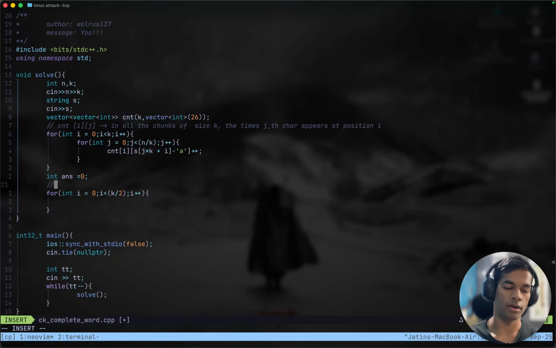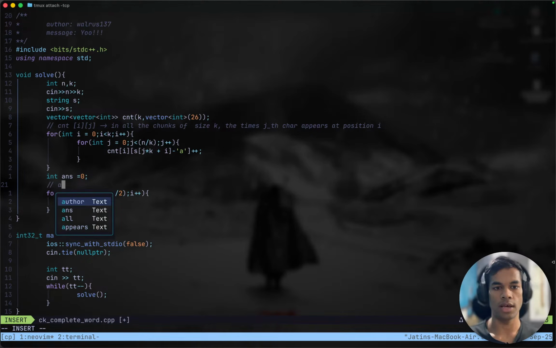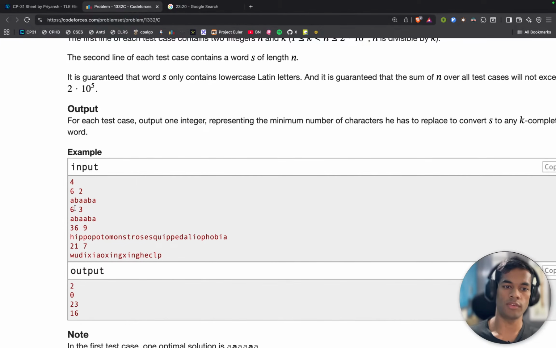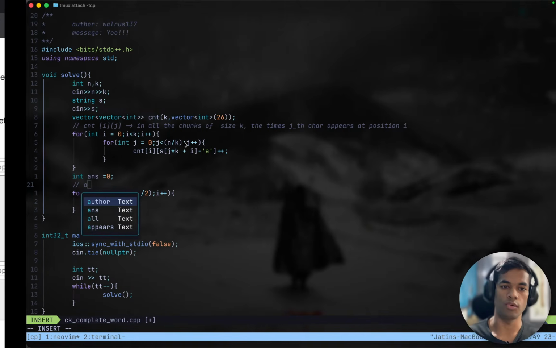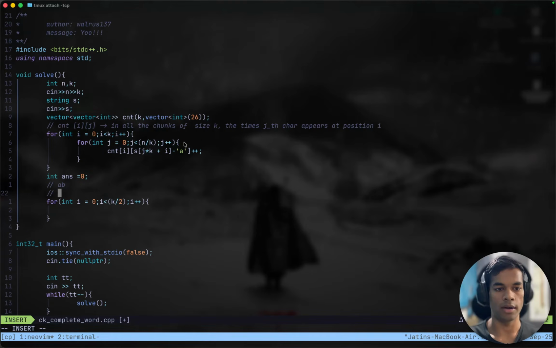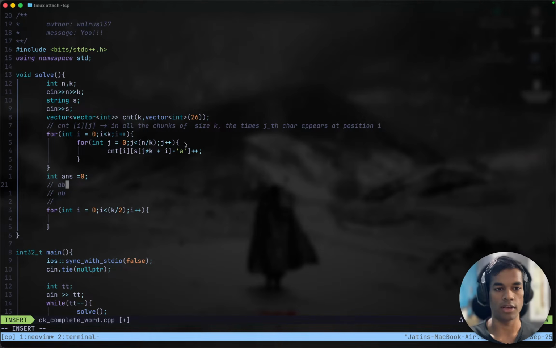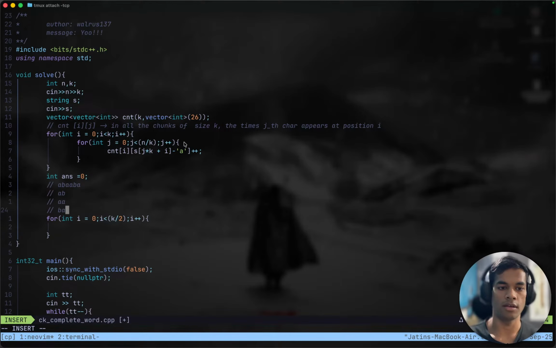In each chunk of size K, let's say our K equals 2. In this case, our string is initially a, this is our original string, and when we divide this into chunks of size K, we get this new thing.